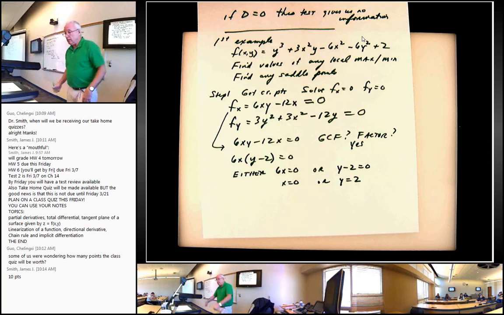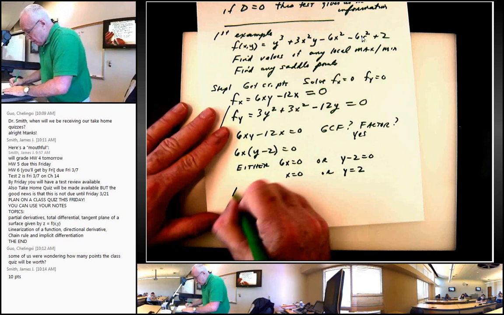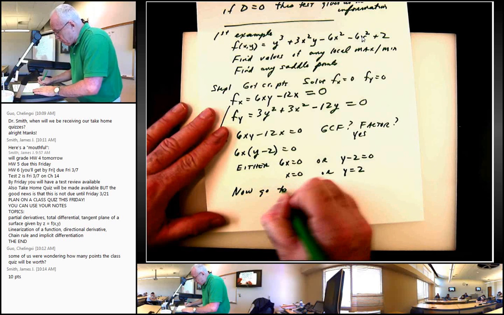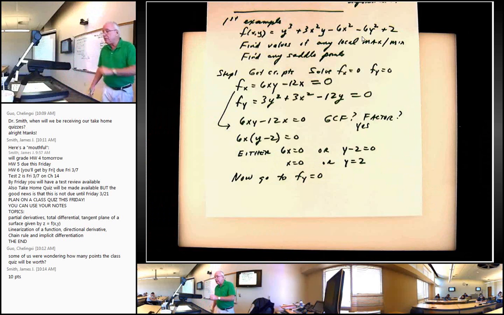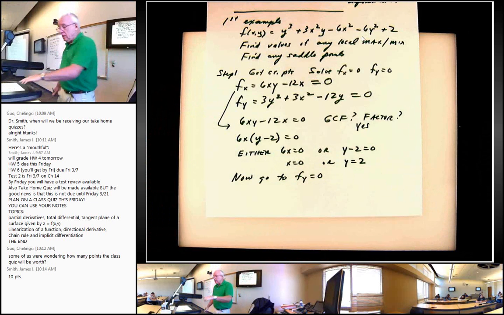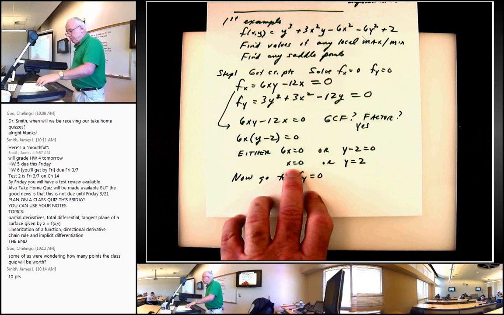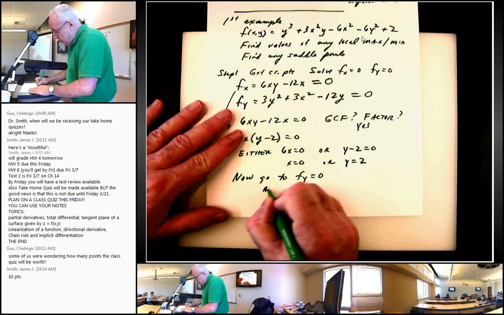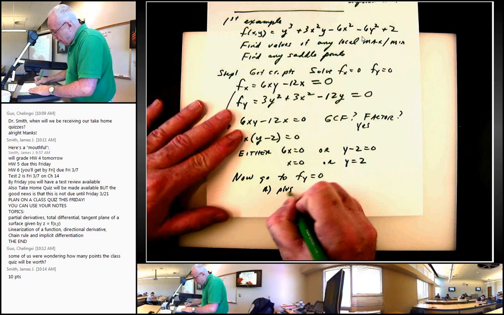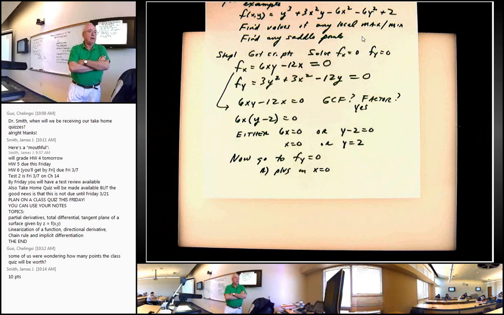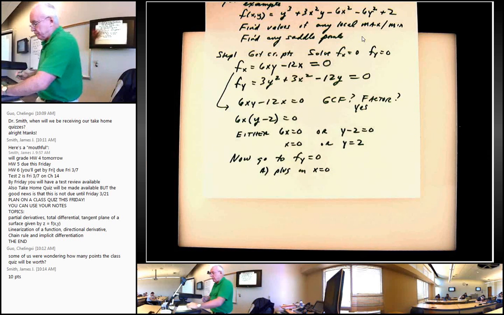Now go to fy equals 0. And let's first of all plug in our first solution for x, which is 0. So A, plug in x equals 0, replace x with 0 in that second equation.